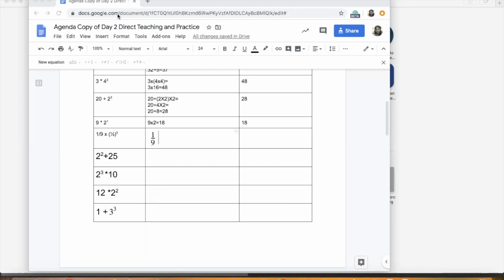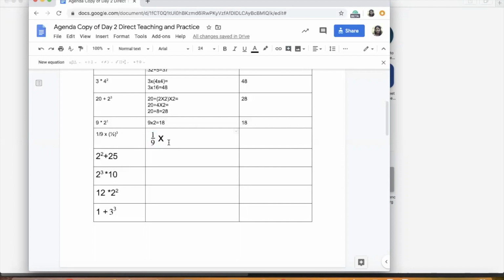All right, so I have 1/9. Now I'm going to write 1/9 times, oops, times. Actually, I'm sorry, let me backtrack. I'm going to highlight the 1/9 and copy it again, which is Command C, or Control C if you have a Dell.